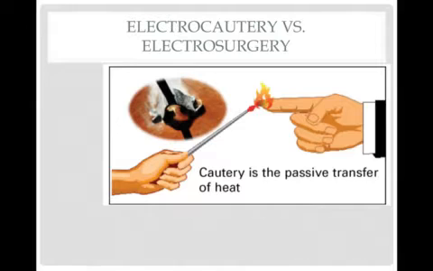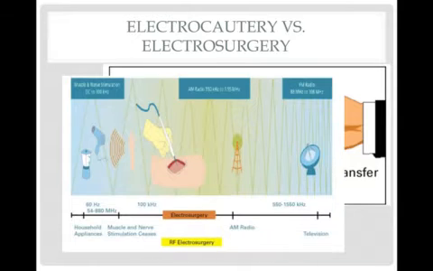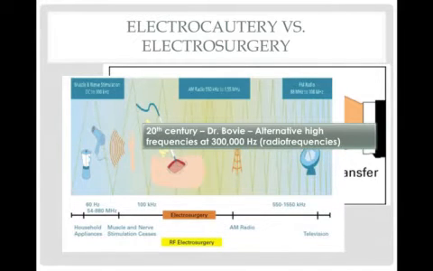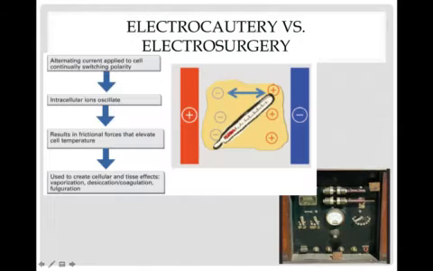in one place. So up until the 20th century, what we had was cautery, but then Dr. Bovie came along and created alternative high frequencies at 300,000 hertz in the radio frequency spectrum. He did that so as to avoid stimulation of the muscle and nerves that happened in lower frequencies.